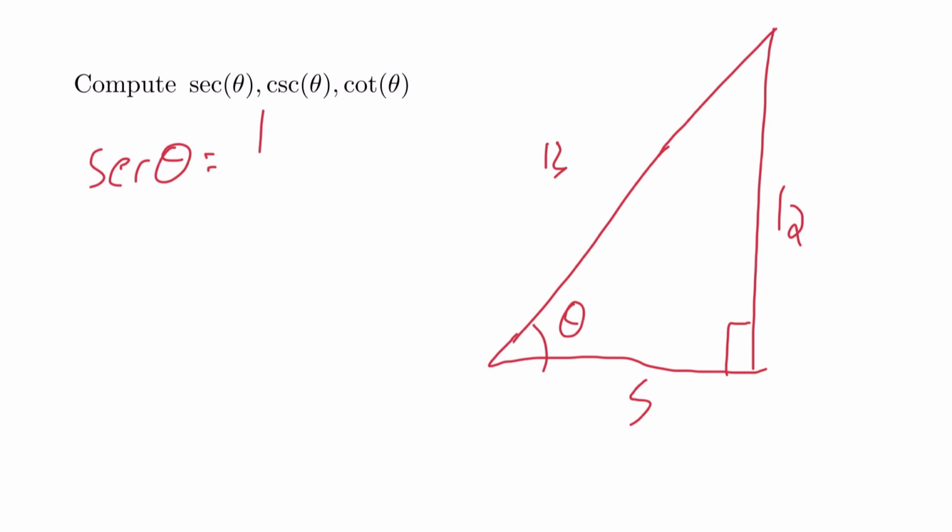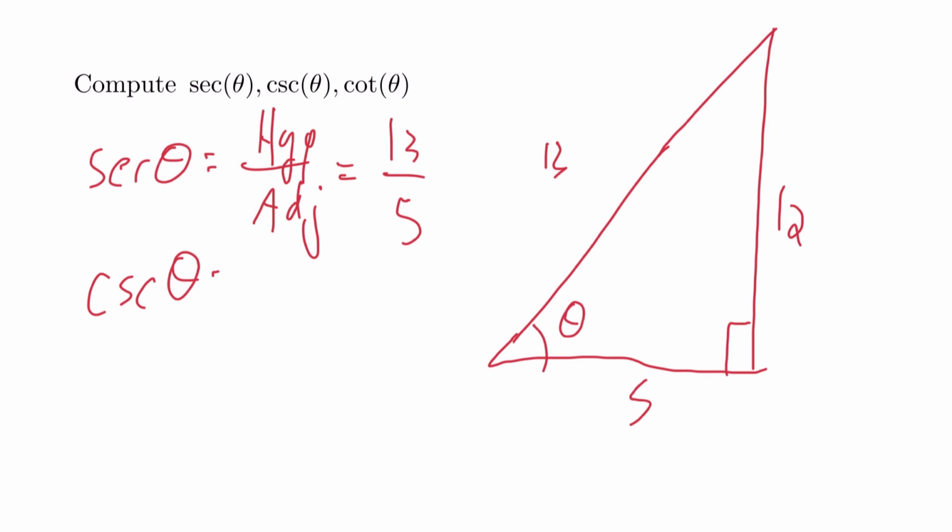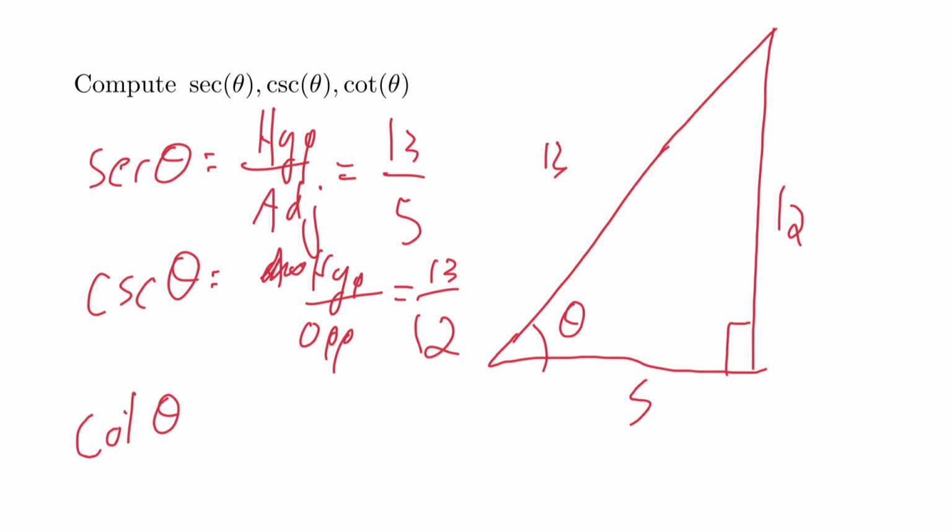So it's actually hypotenuse over adjacent. So 13 divided by 5. Cosecant is hypotenuse over opposite, so 13 over 12. And cotangent is adjacent over opposite, so 5 divided by 12.